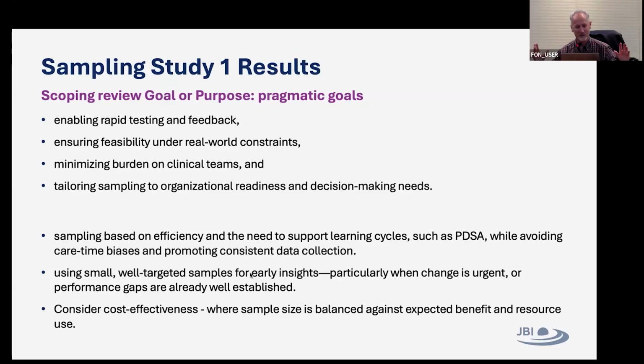Feasibility, real world constraints. And the goal here is not so much about rigor, statistical rigor, probability, etc. It's about minimizing burden on clinical teams. So that's pragmatic, real world need, and tailoring my sampling method to fit organizational readiness and decision making.